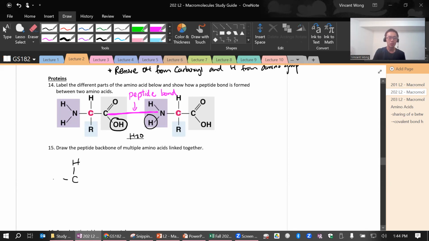All right. So this is one amino acid with a side chain. I don't know what it is. I'm just gonna call it side chain number 1. C double bond O and OH. That's amino acid number 1. I hope you are following, that you understand what this means. Now I'm gonna do a second one, and I'm gonna draw it really close.